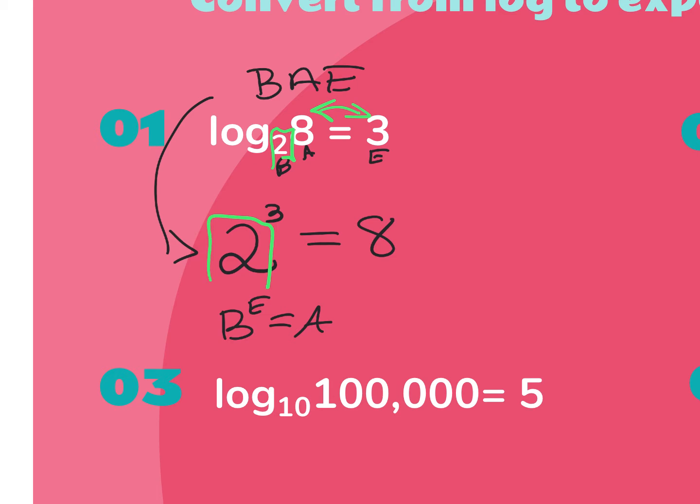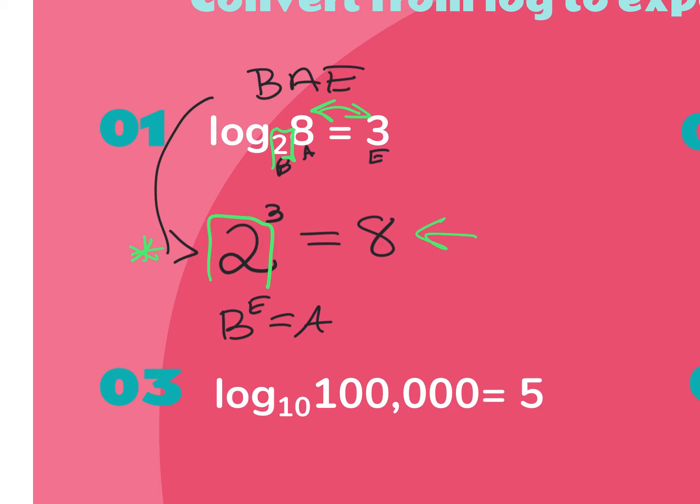Once you convert something from log form to exponential, this exponential equation that you just made needs to make sense. If 2 to the 3rd power did not equal 8, then you've done something wrong. So it's easier to check your work when you go from log to exponential, because you can solve this one. Now, as far as going the other way, you would have to use your calculator.